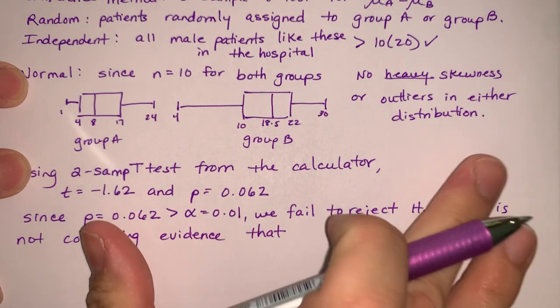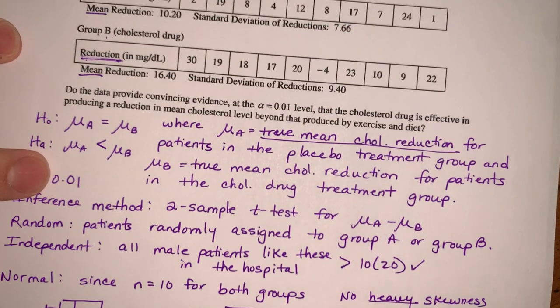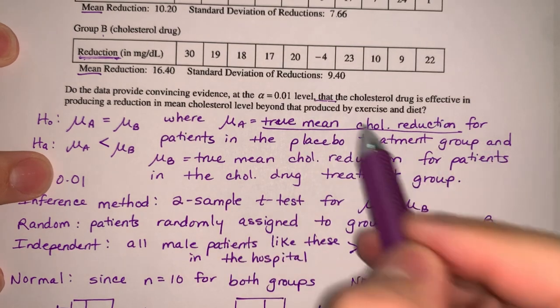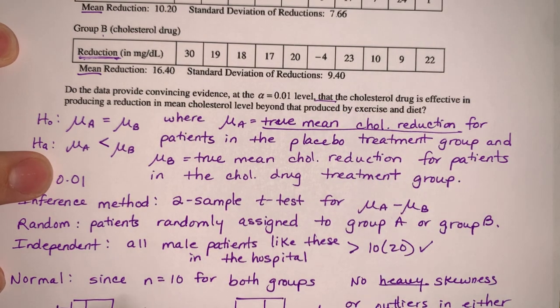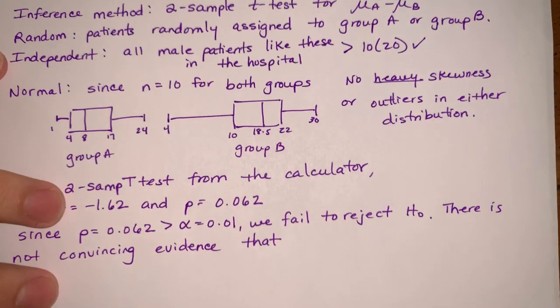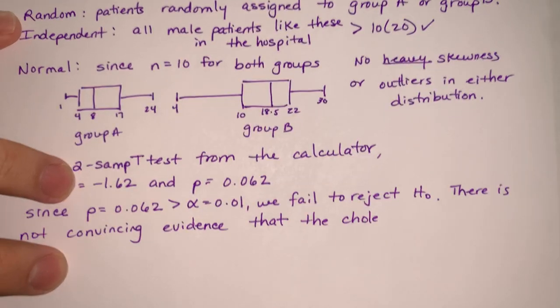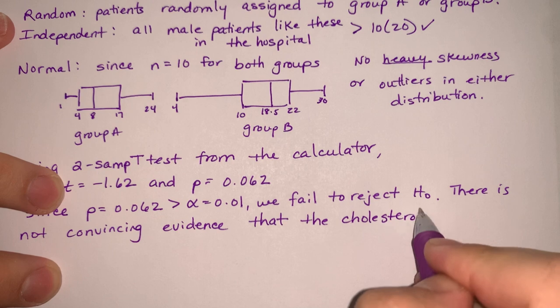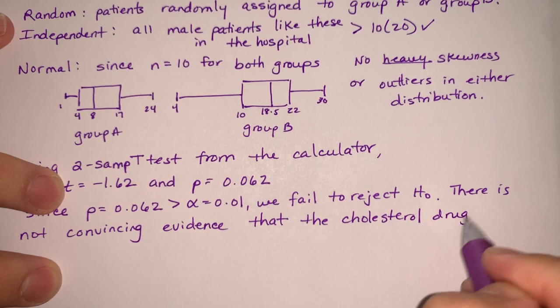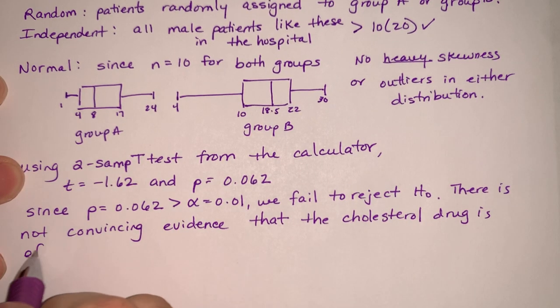that, and now let's just copy and paste. See, there's always that word "that" right there. So let's just copy that next part. That the cholesterol drug is effective in producing a reduction in mean cholesterol level beyond that produced by exercise and diet.